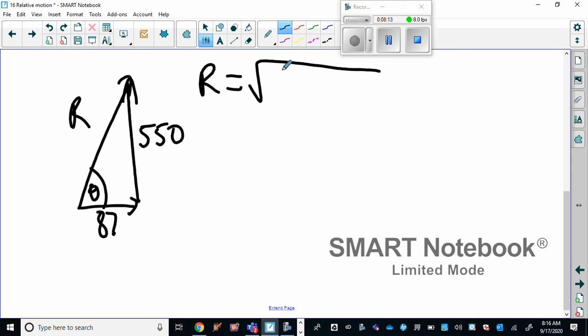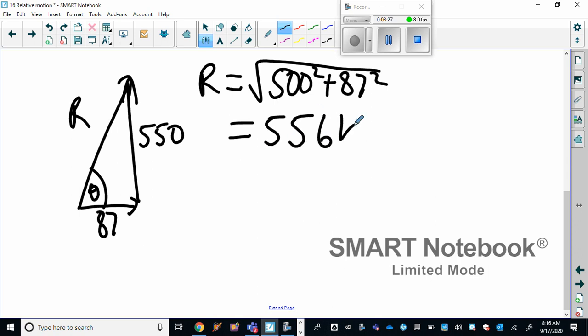R equals the square root of 550 squared plus 87 squared, which turns out to be 556 kilometers per hour.